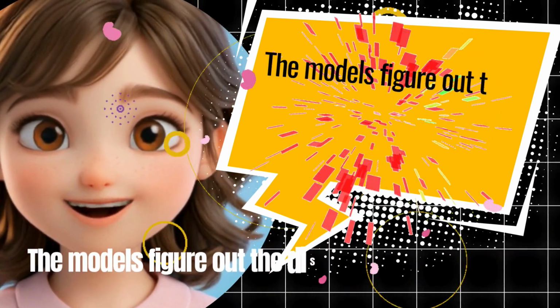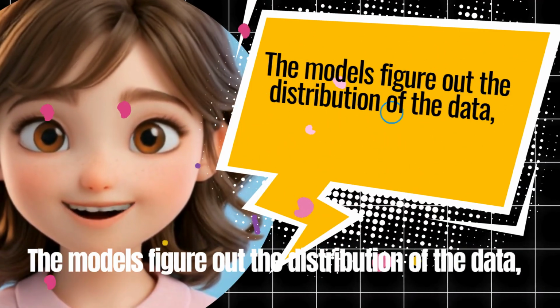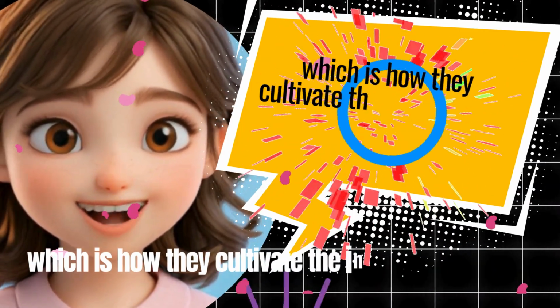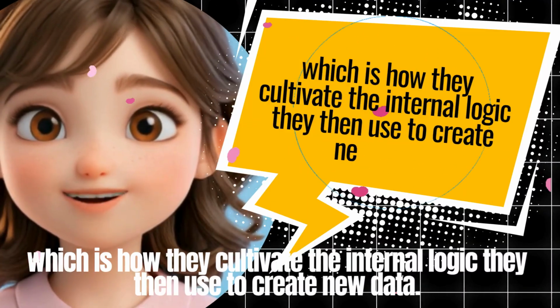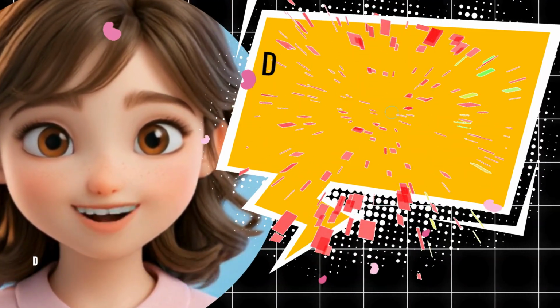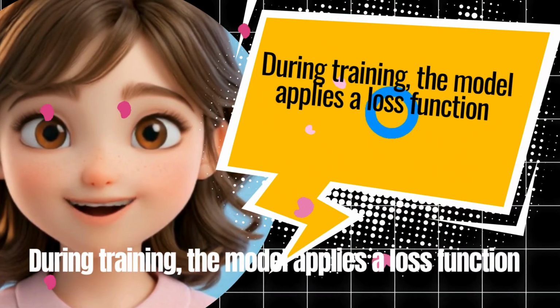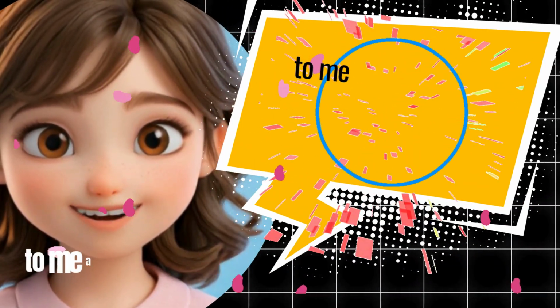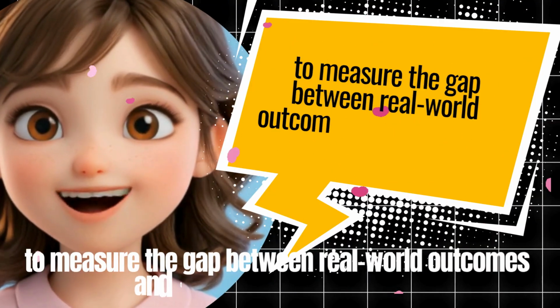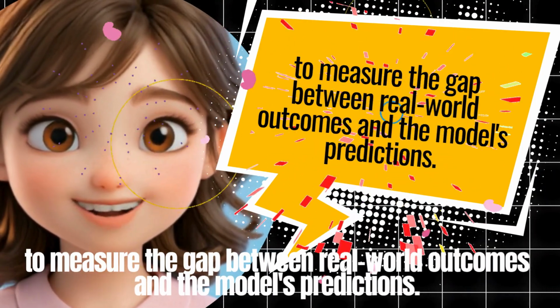The models figure out the distribution of the data, which is how they cultivate the internal logic they then use to create new data. During training, the model applies a loss function to measure the gap between real-world outcomes and the model's predictions.